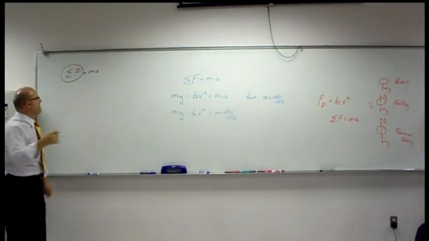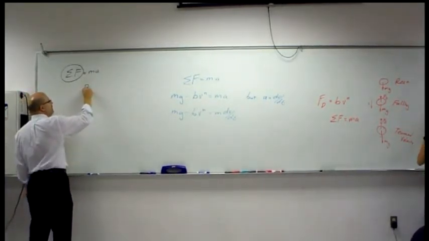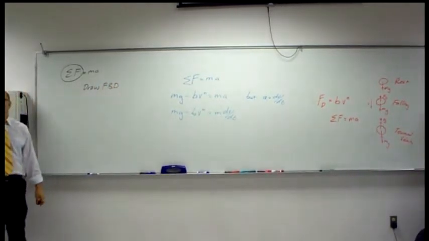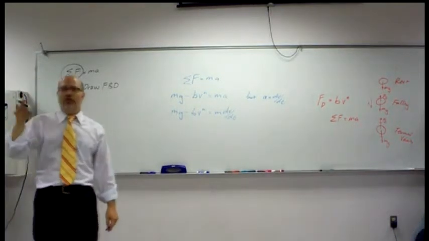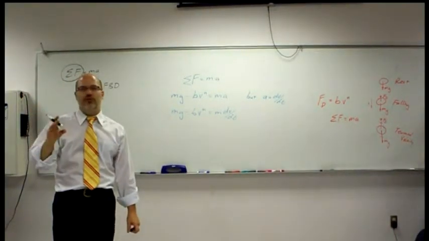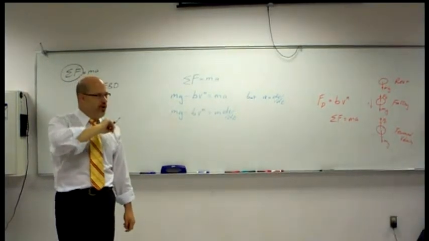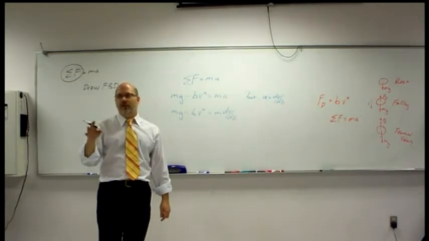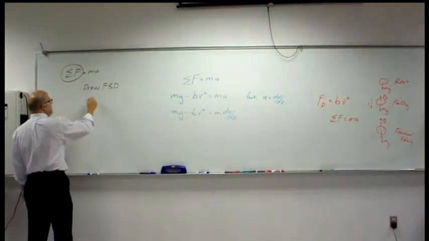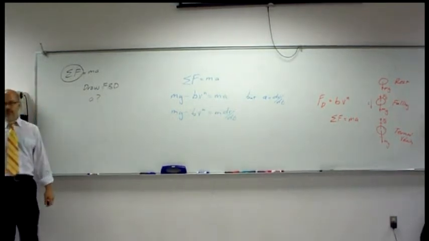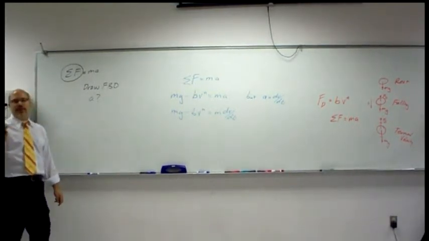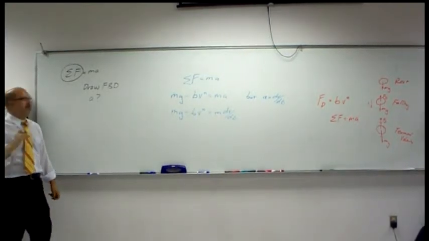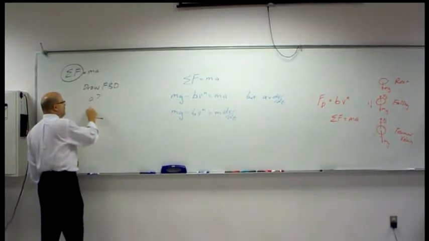The very first thing we have to do is draw a free body diagram. On our free body diagram, we draw a simplified picture and all the forces. No accelerations, no velocities, no displacements, no other vectors, just forces in the right direction. Once we do that, we ask ourselves, is it accelerating? Because that determines what's usually the easiest sign convention or coordinate system to use. So we pick our coordinate system next.